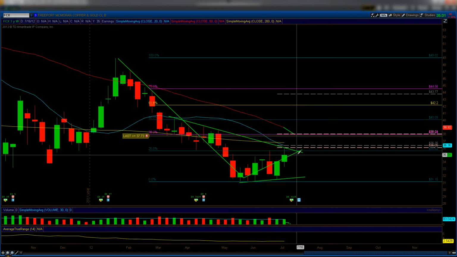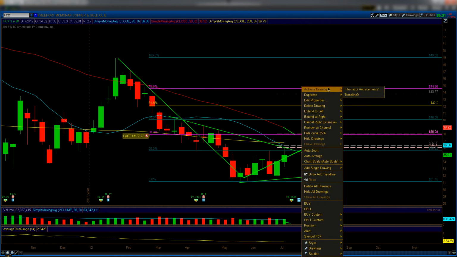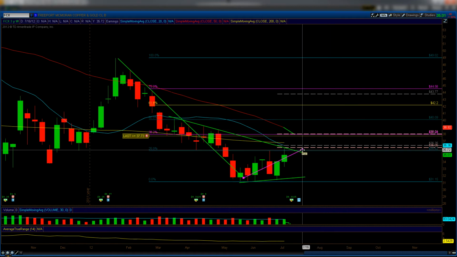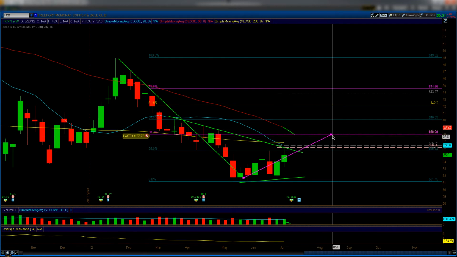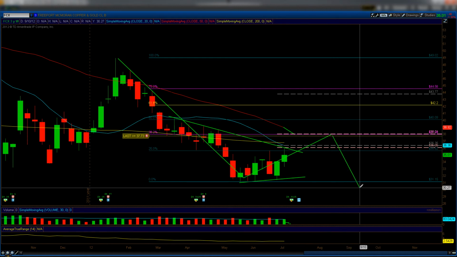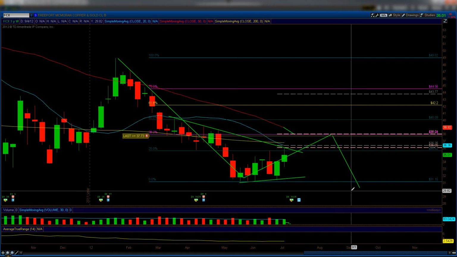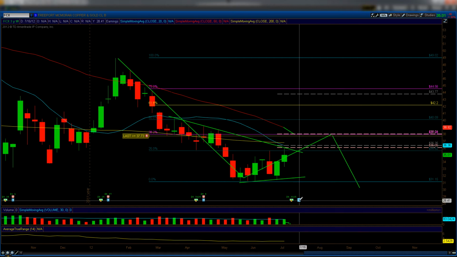So if we can get into this 3801 level, so we would say consolidate all the way up there. I don't know if it gets there, but if it does, then you can be pretty sure that I'll probably be taking a short at that time. Again, it really depends on what time of the year it is. Earnings comes out on the FCX on the 19th, so that's another thing that I have to watch out for.